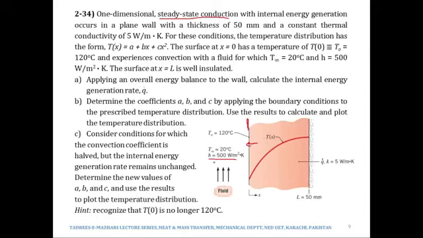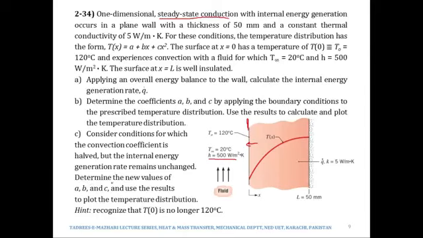But now h has been reduced. Probably they would have changed the fluid, or changed the velocity of the fluid, and there are several other ways by which we can vary the value of h, but somehow h has reduced from 500 to 250.